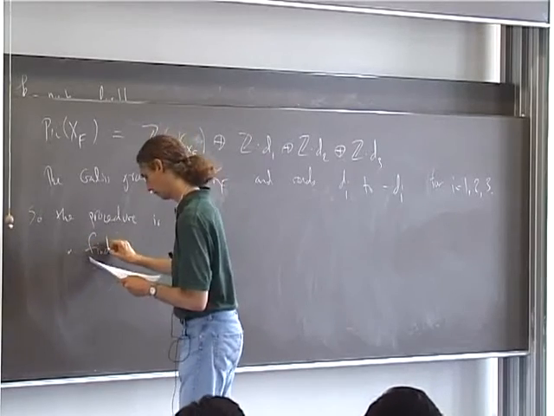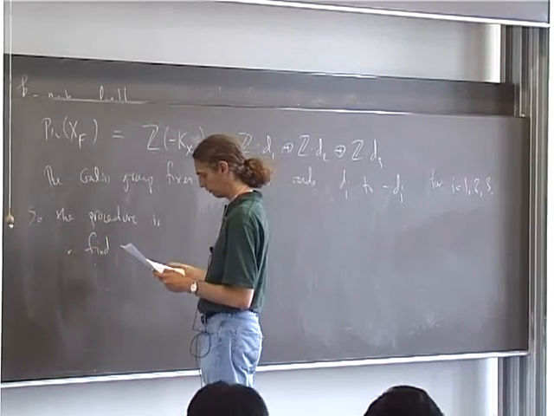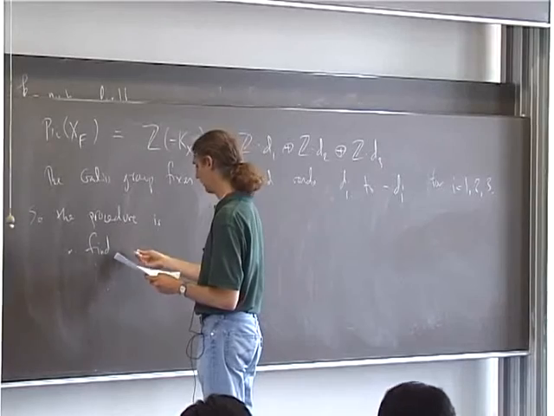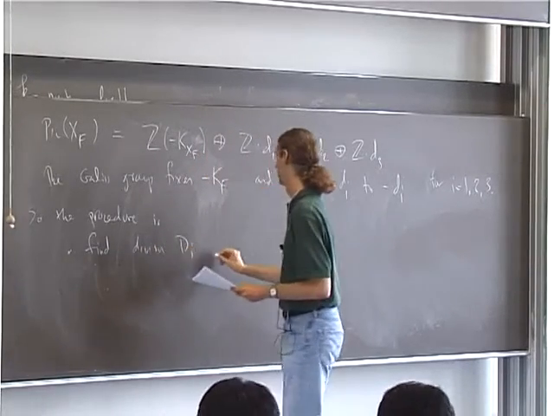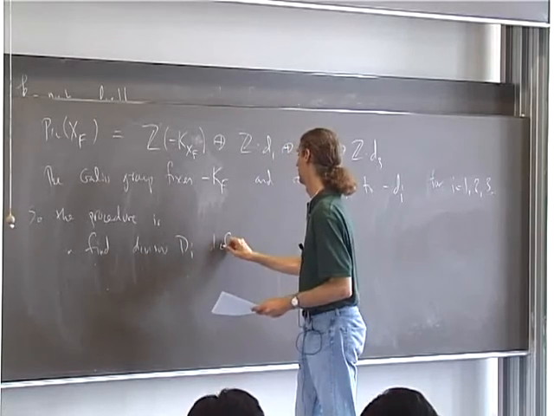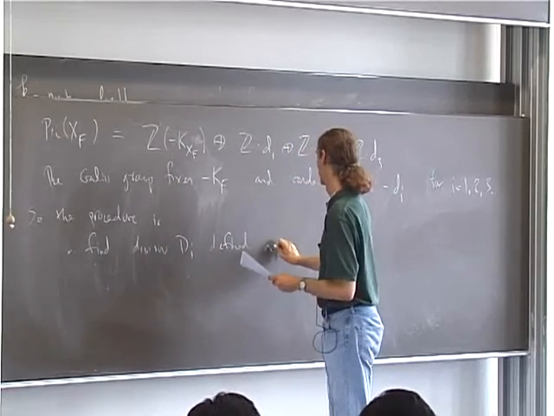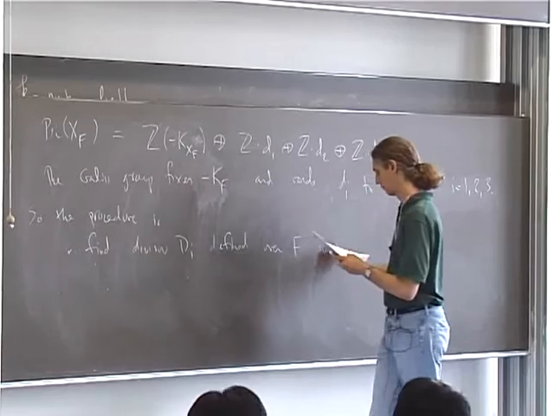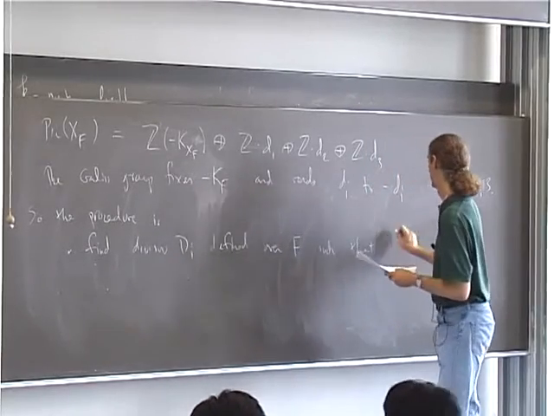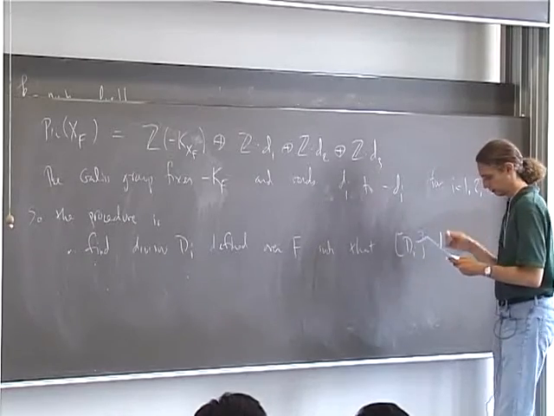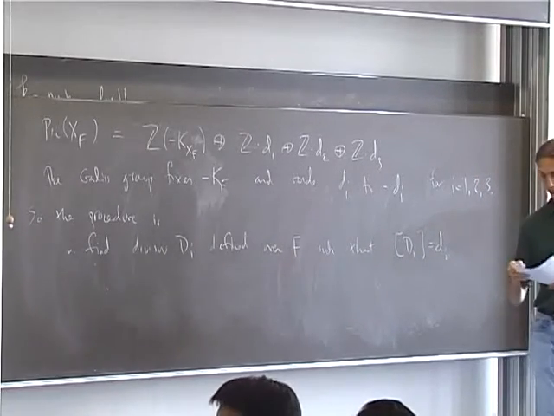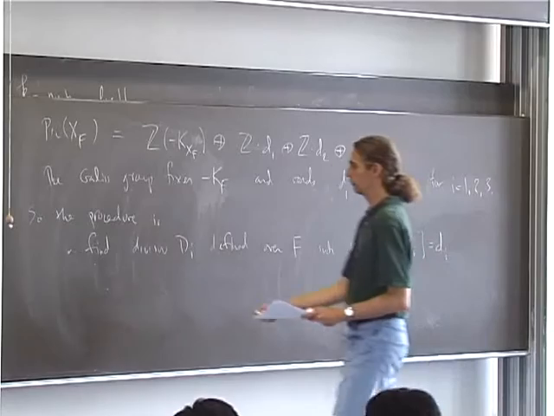Okay, so the procedure: what do we want? Find the divisor, and then find a rational function.